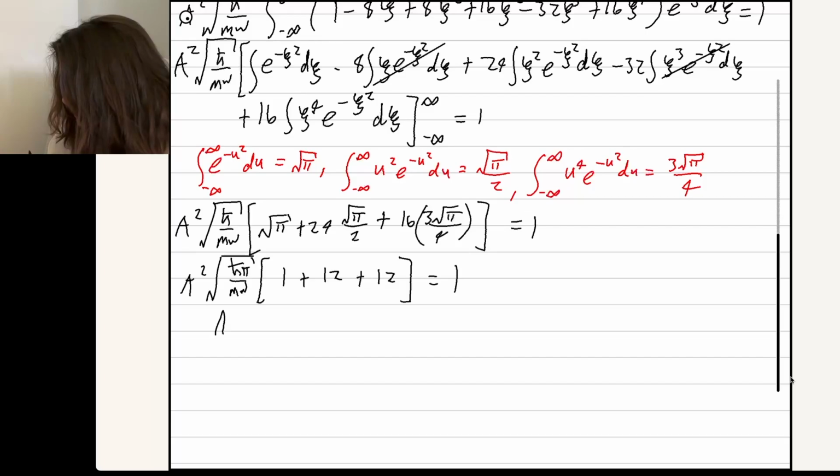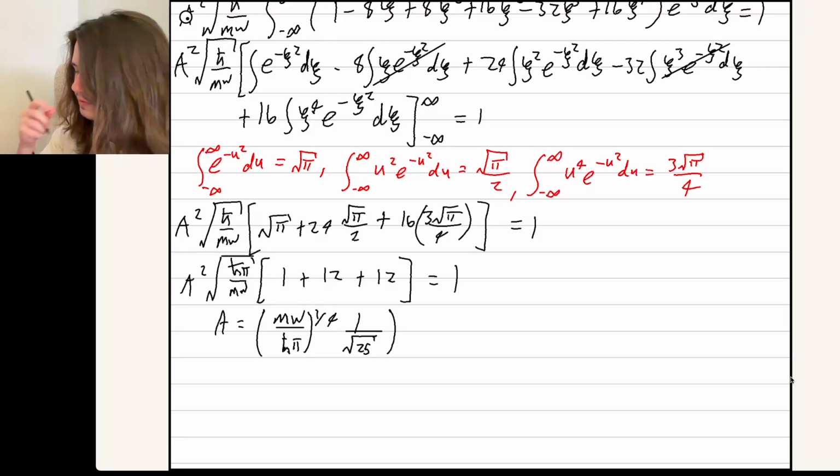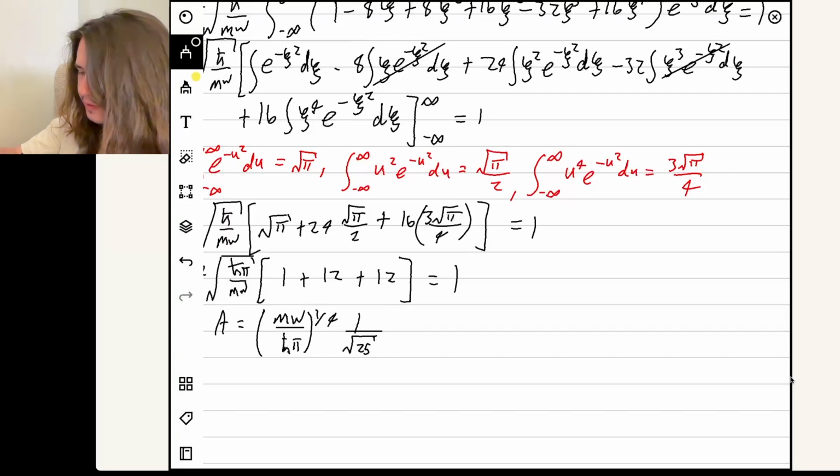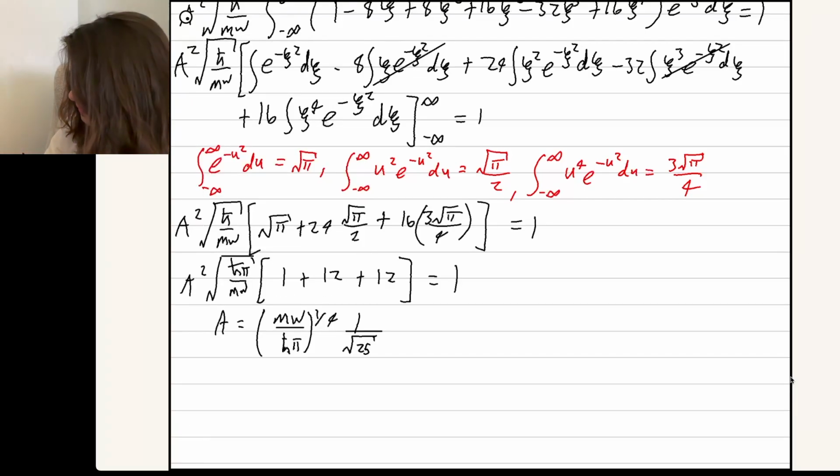So you got A equals not the square root of m omega over h bar pi, but m omega over h bar pi to the 1/4, once we take the square root of both sides, and then 1 over root 25. And this is what I was talking about when I was referring to problem 2.11. I'm going to collect the term out front.